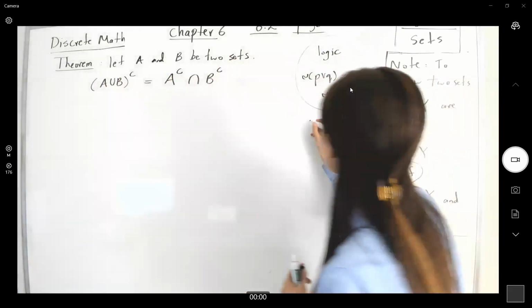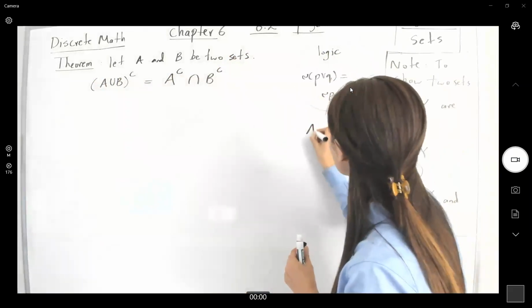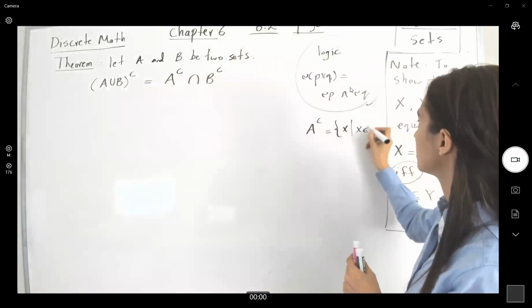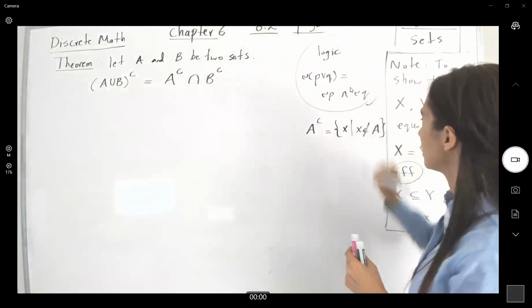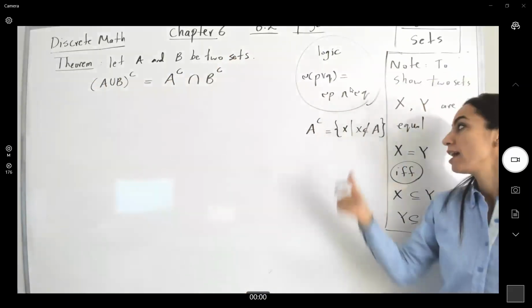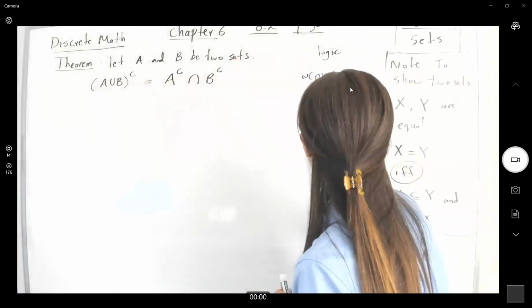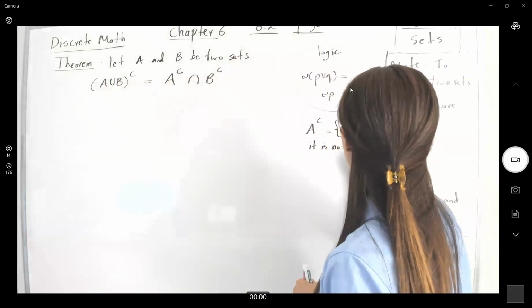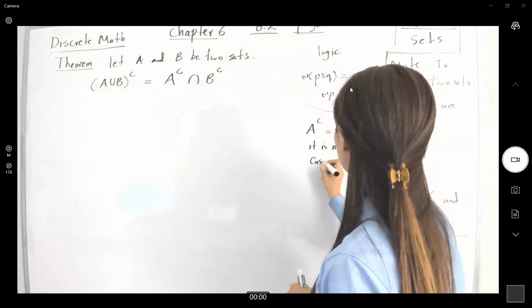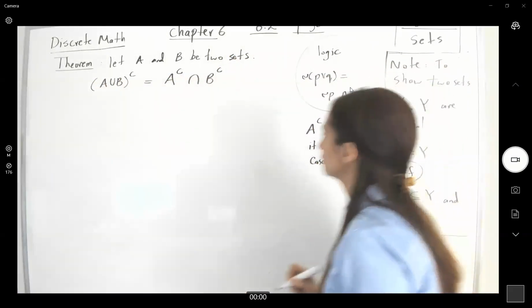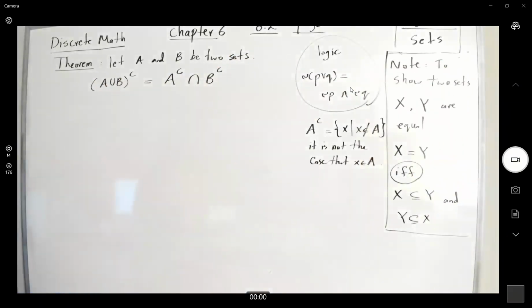And also recall that the complement of set A is the set of all elements X that are not in A. It's not the case that X is in A. Okay, let us start the proof.